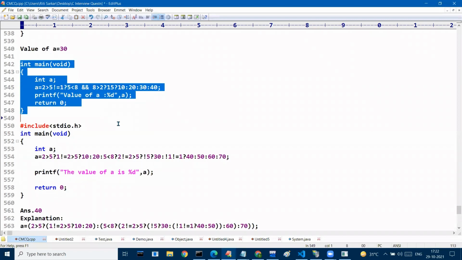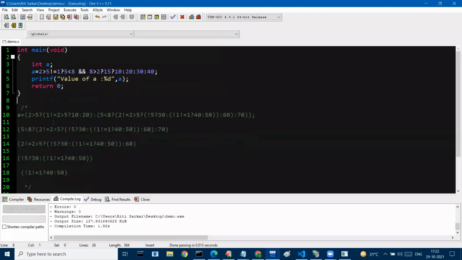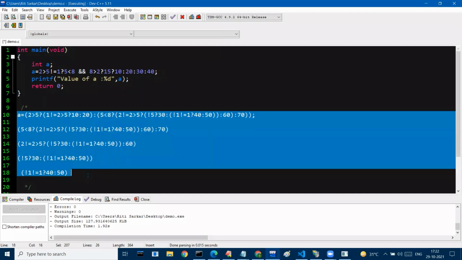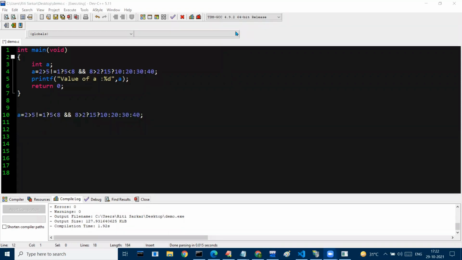This one is easier because we have fewer conditional operators. Can anyone tell me, guys, what is the answer for this one, without evaluating?